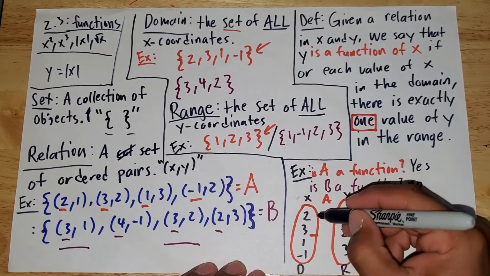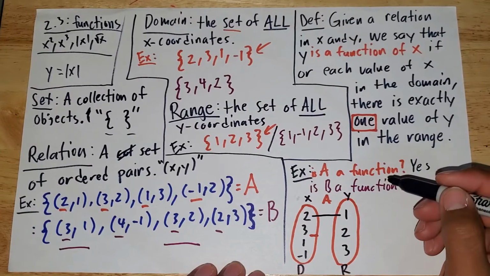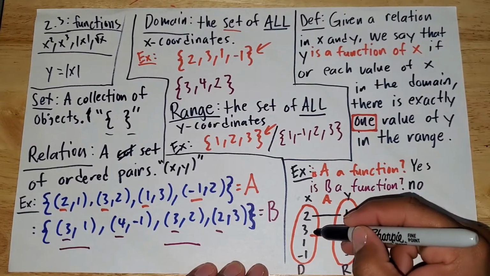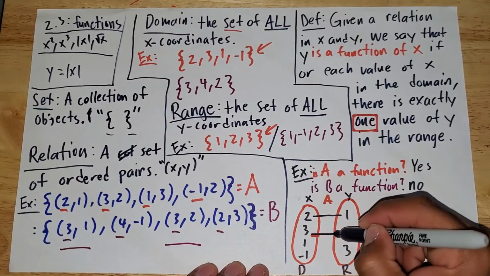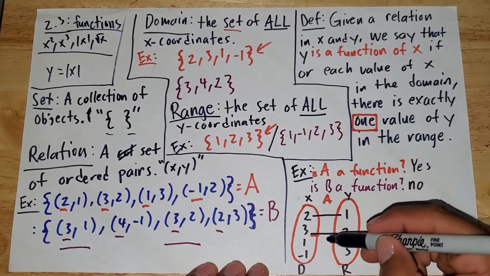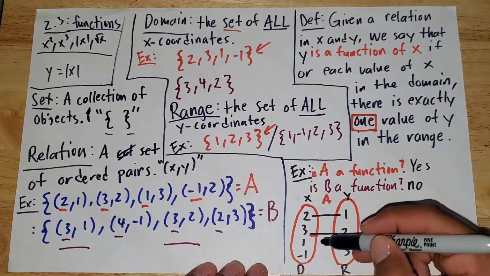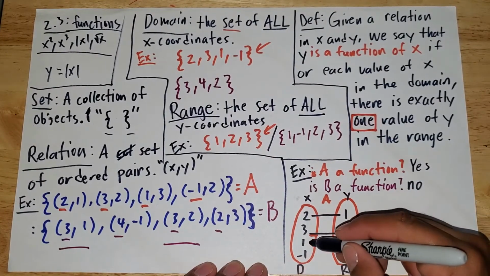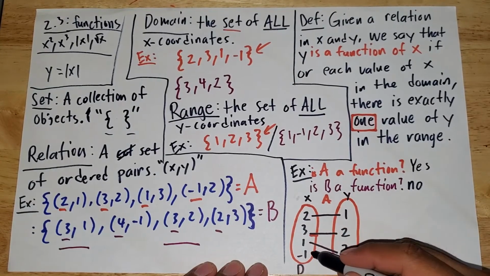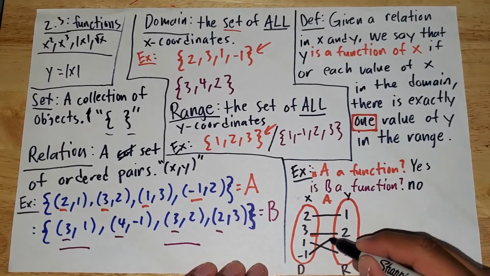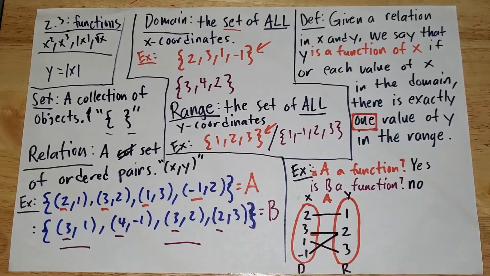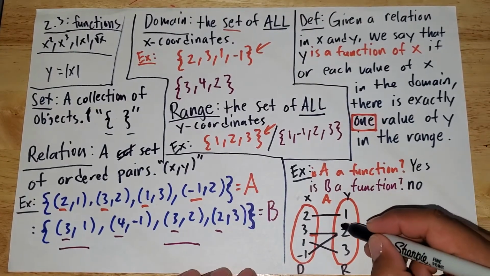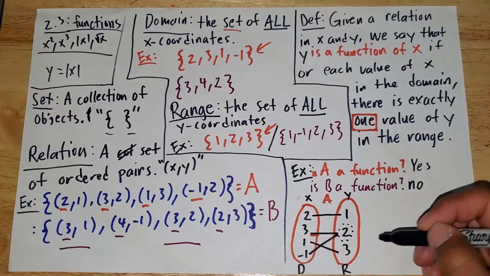Remember, this 2 corresponded to 1. This 3 corresponded to 2. This 1 corresponded to 3. But then this -1 corresponded to 2. So here you can see how these two are going to exactly one y value.